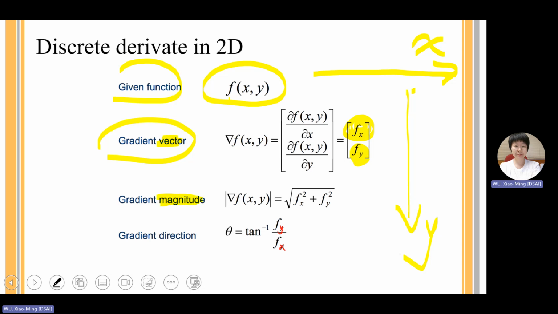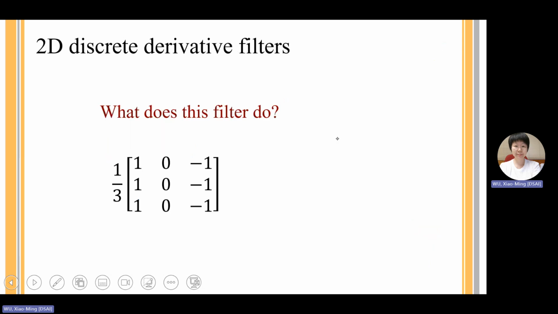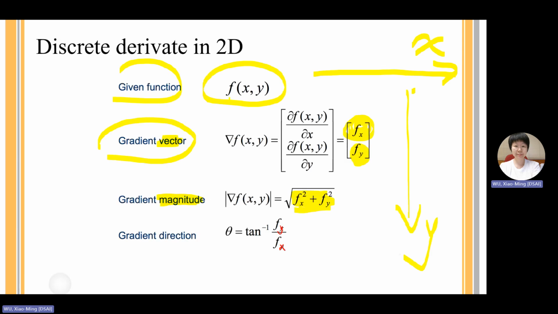The gradient magnitude is just the length of the vector. This is the L2 norm. Once we have a vector, we can compute its norm, the length of the vector.